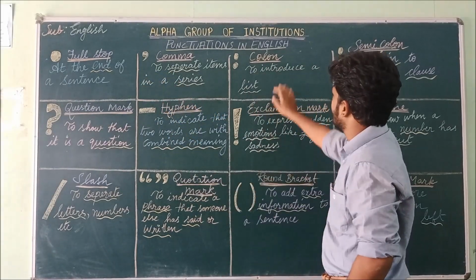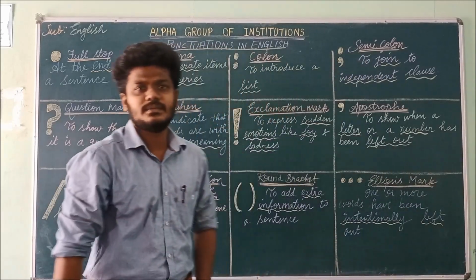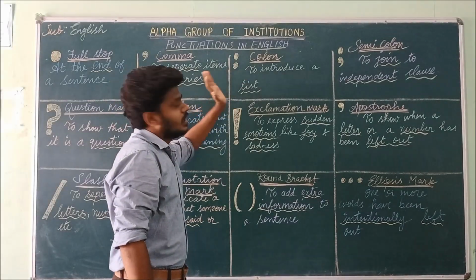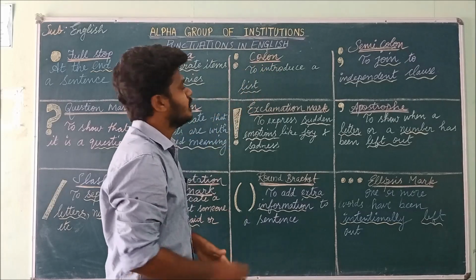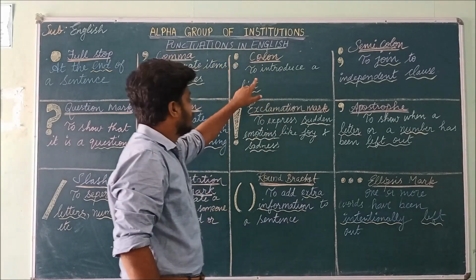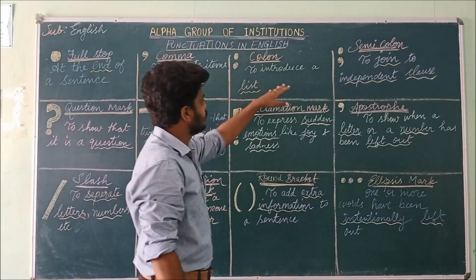So next is colon. Have you heard of the word colon anywhere? Yes, colon is also a punctuation, and the purpose of using a colon is to introduce a list. This is the symbol of a colon, the 2 dots. Why do we use colon in a sentence? We use colon to introduce a list.